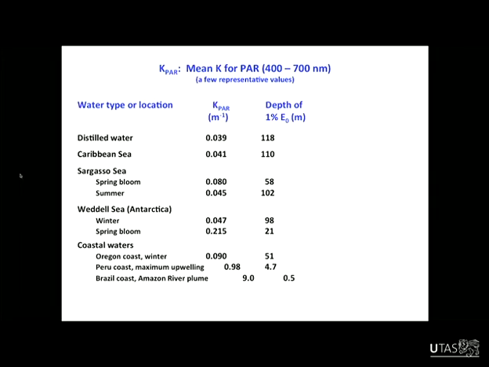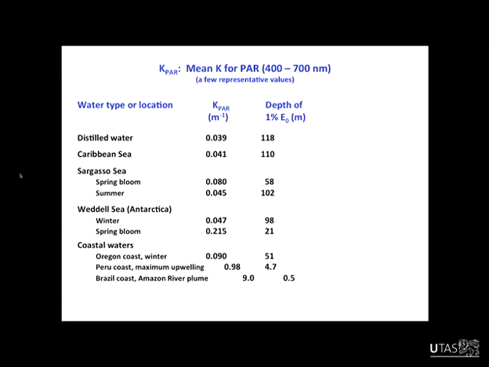And what this table shows is that the more turbid the water is, the more sediment or biological material that a particular part of the ocean has, the higher the attenuation coefficient, which means that the light doesn't penetrate as far.